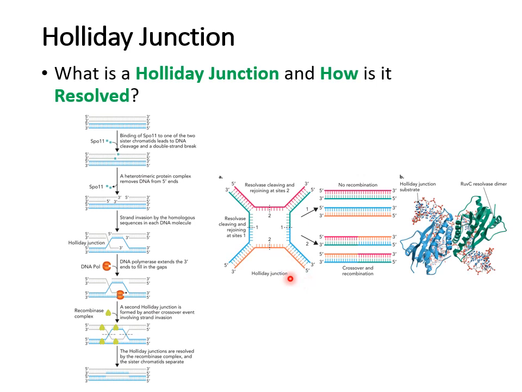Okay, resolvase is going to make sure that you get rid of the Holliday junction and you end up seeing that your ultimate final products, I guess you would call them, can have crossover where the four different strands of DNA that you had over here, now you have mixtures of them in the final product.